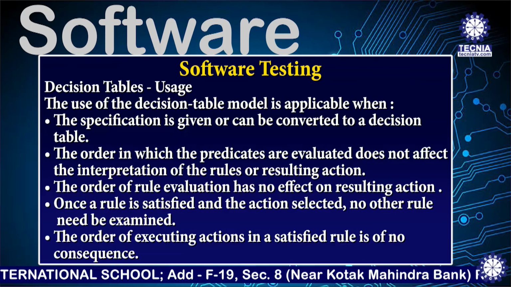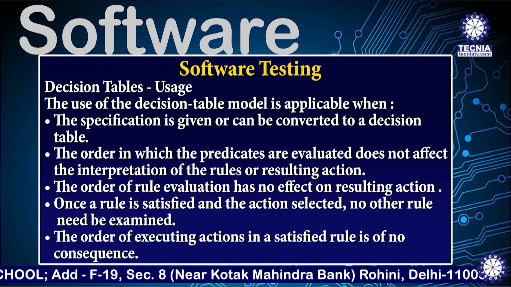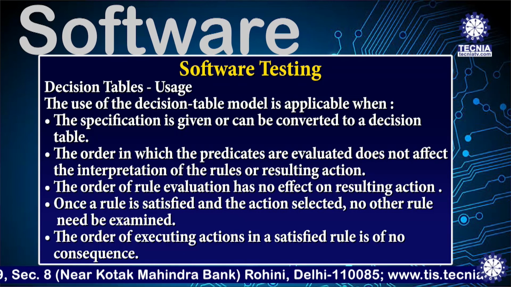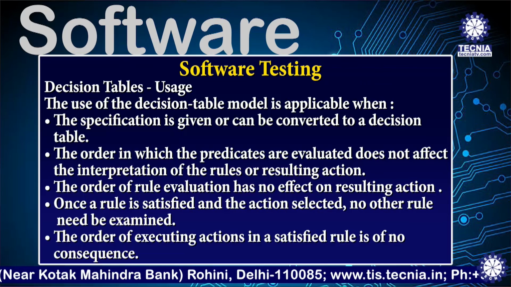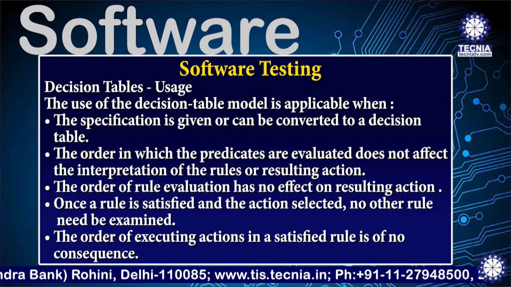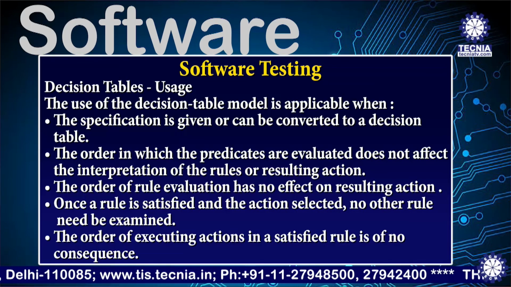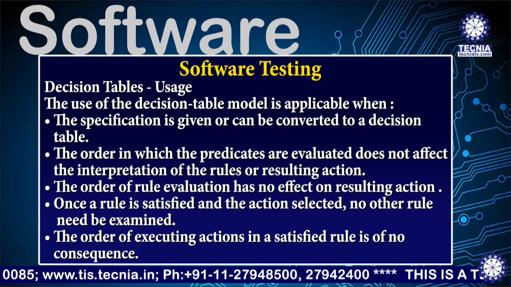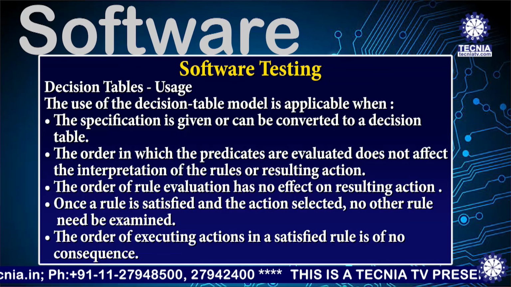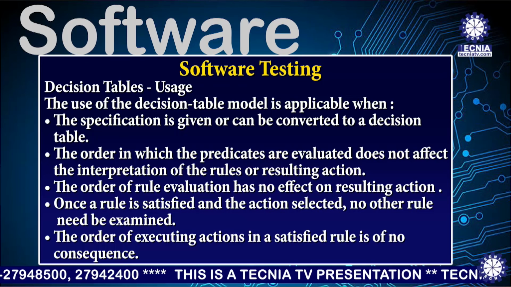The use of a decision table is to model applications when the specification is given, and the corresponding specification is converted to a decision table. The order in which the predicates are evaluated does not affect the interpretation of the rules or resulting actions. The order of rules evaluation has no effect on resulting actions.